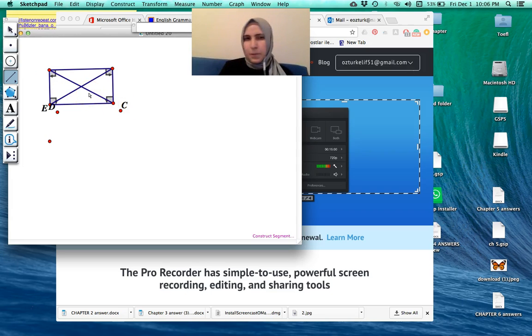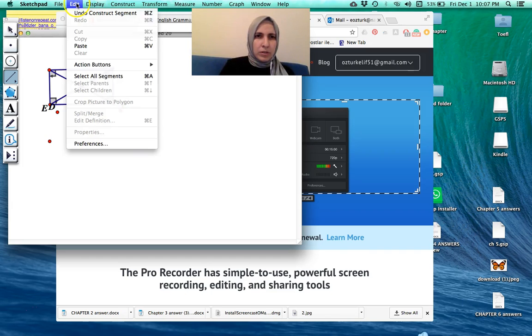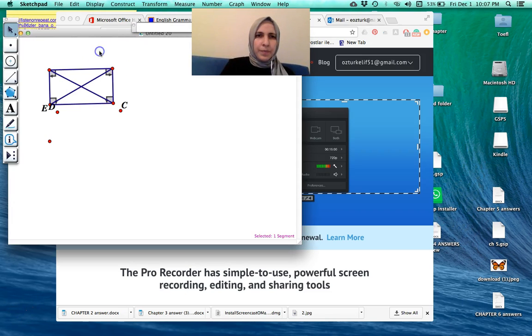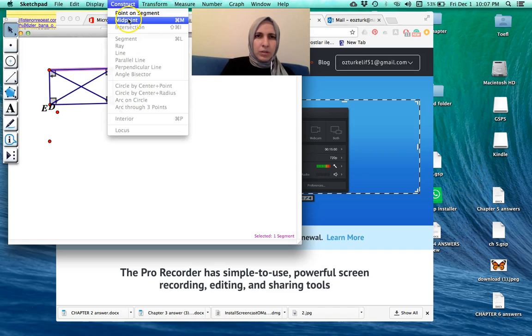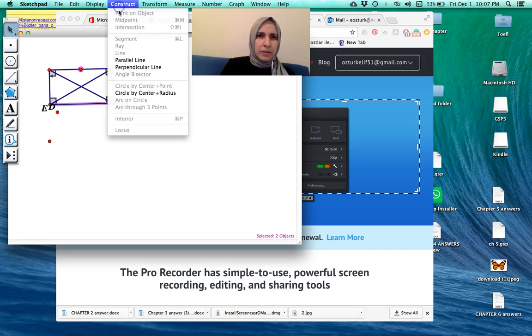So the two diagonals are the symmetry lines. And also if I make a midpoint, where is midpoint? I need the midpoint of this one, and that's a midpoint, and find the perpendicular line.